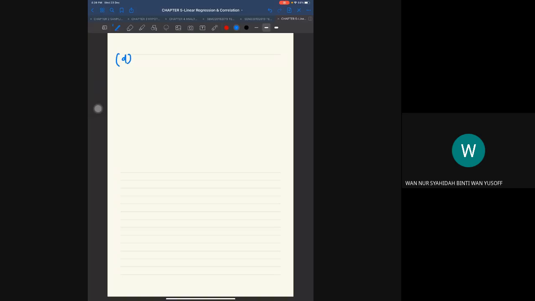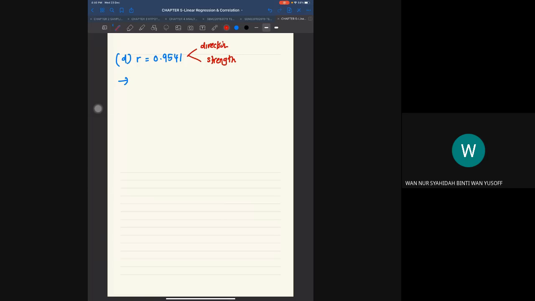So what you got for your R? 0.9541. And then interpret. For the interpretation, you have to know what is your direction and what is the strength.